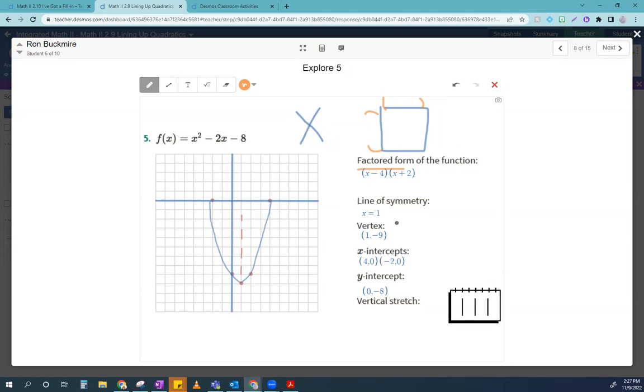They graphed it, and then here's a bunch of information. So from your factored form, let's see, is their line of symmetry right? Check. Is their vertex right? Check. Their intercepts right? Check. And the y-intercept is also correct. Okay, so here's your job.